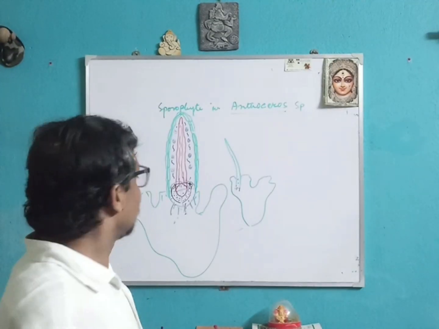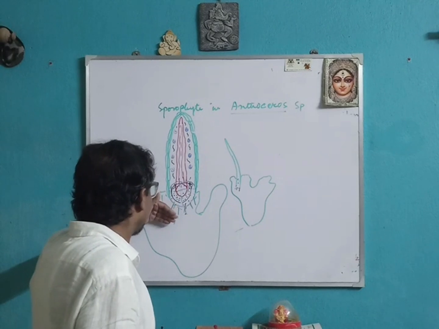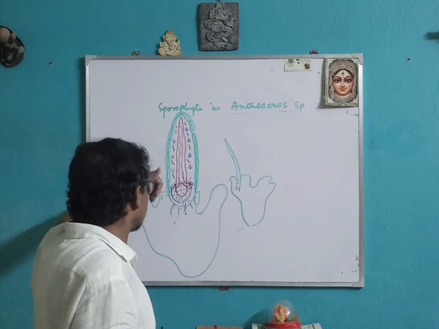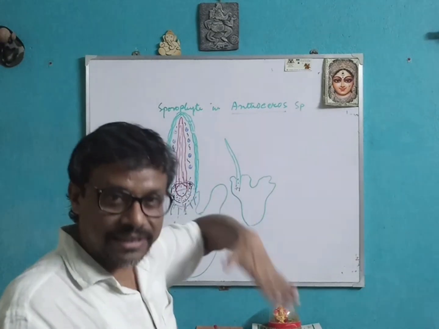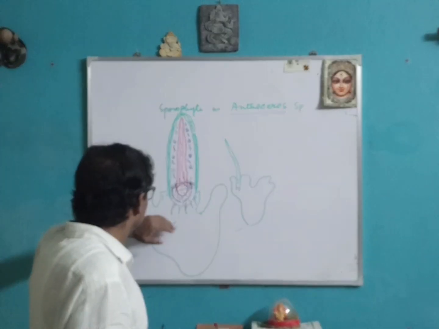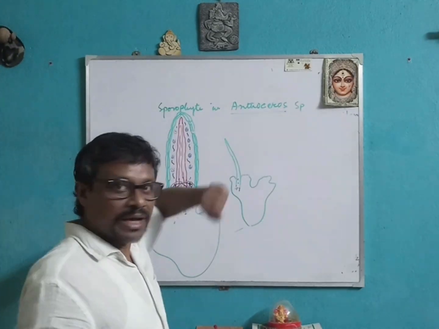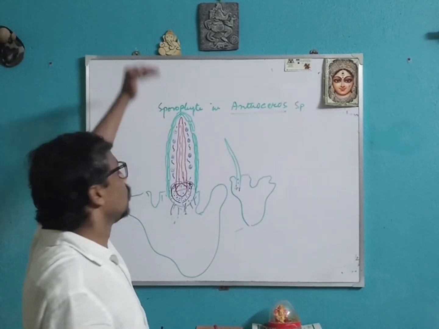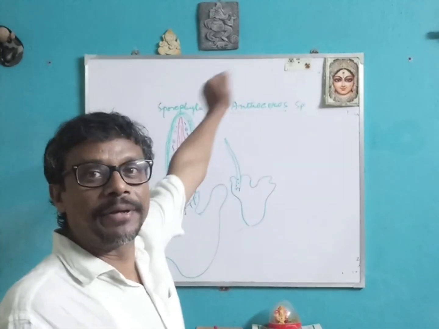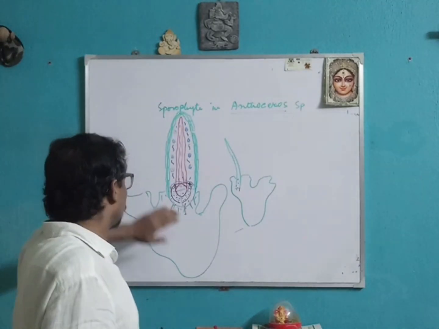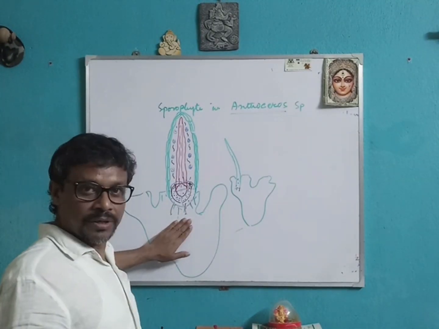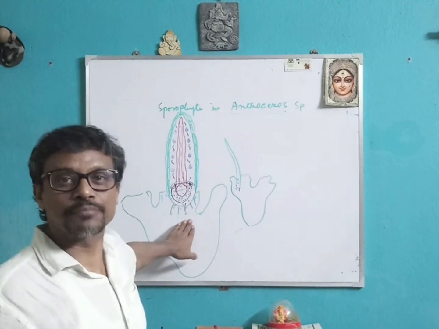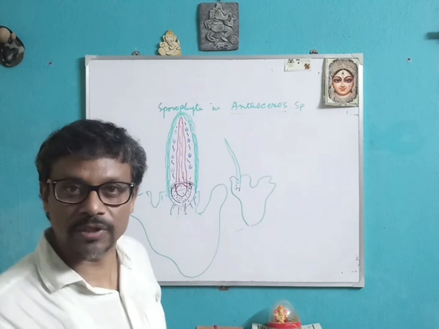So while the meristematic tissue is active, it contributes to the elongation of the capsule, and while the capsule is long and elongated, better dispersion of the spores can take place. So over here the meristematic tissue helps to elongate the capsule so that better dispersion of the spores takes place.